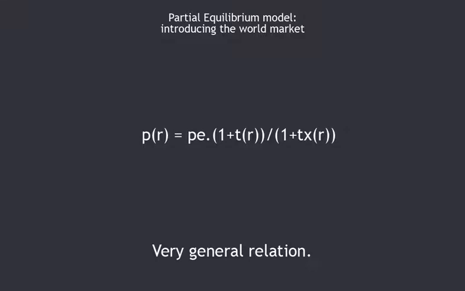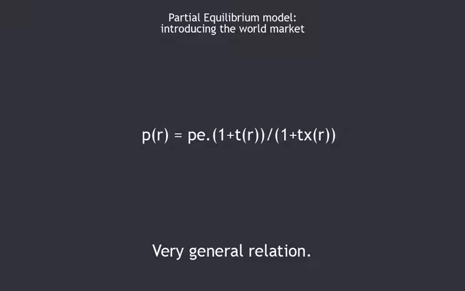Why? Because if you have free trade, then TR is equal to 0 and TX is equal to 0, and so the local price is equal to the world price. If there is an import tariff, there is no export tax because you do not have any exports.